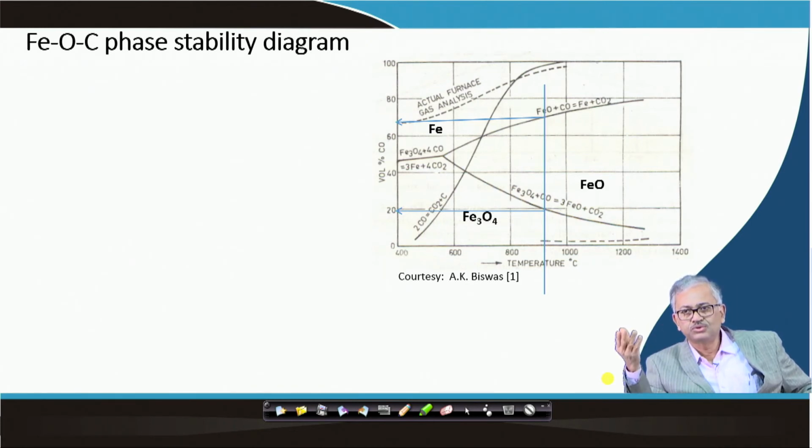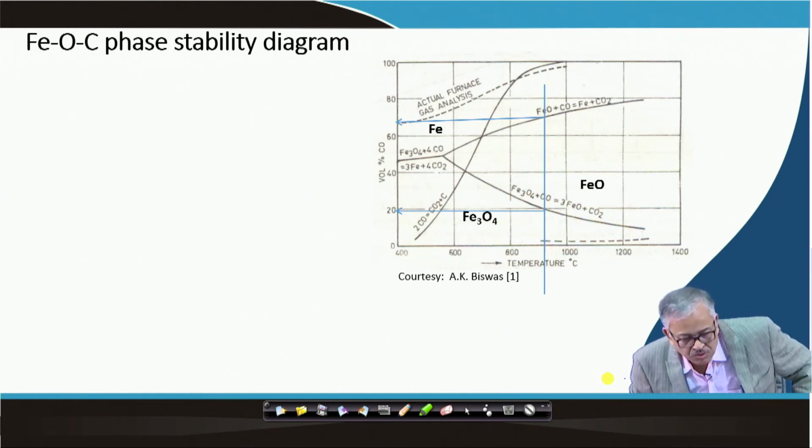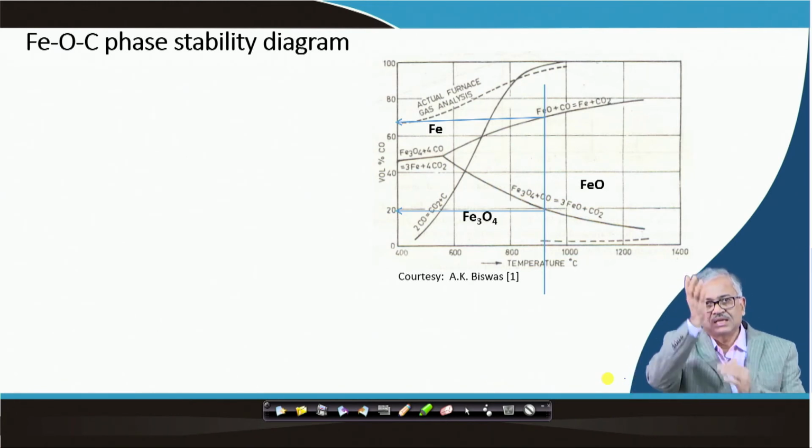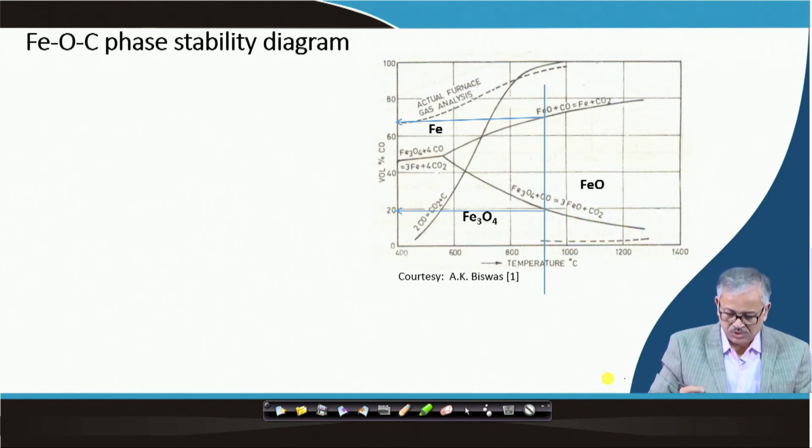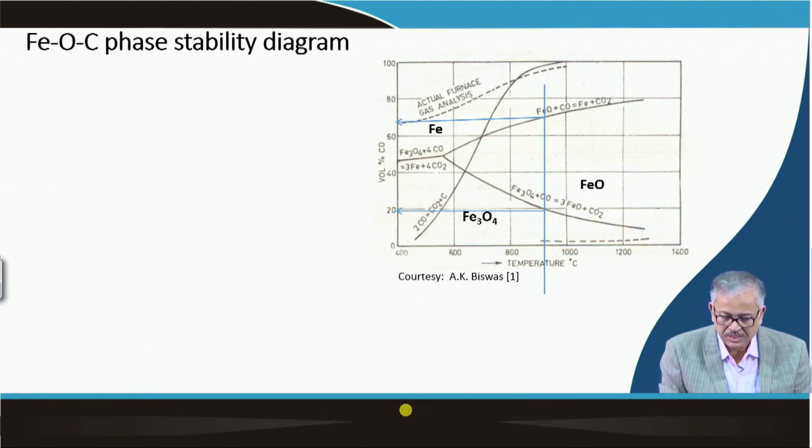CO gets oxidized to CO2, and iron ore gets reduced to iron, right. So, as the gas moves up, it is a mixture of CO and CO2, and the composition of CO and CO2 in the gas changes, and from there you can understand the reduction potential of the gas.